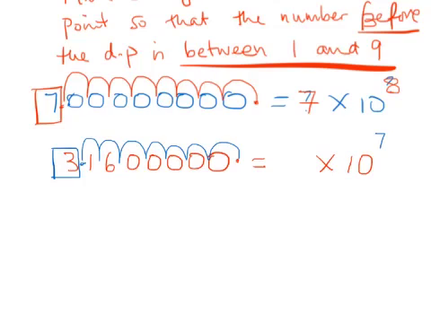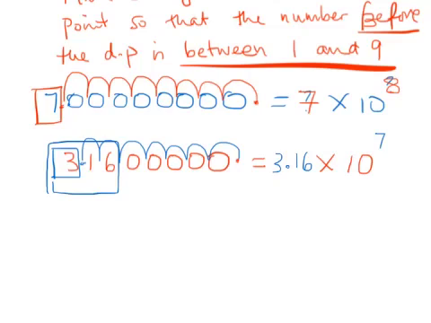We write the 7 as the power, and the number that we write here, this time we've got to write 3.16. We mustn't forget all of these numbers, okay? It's only the zeros that you can ignore there.